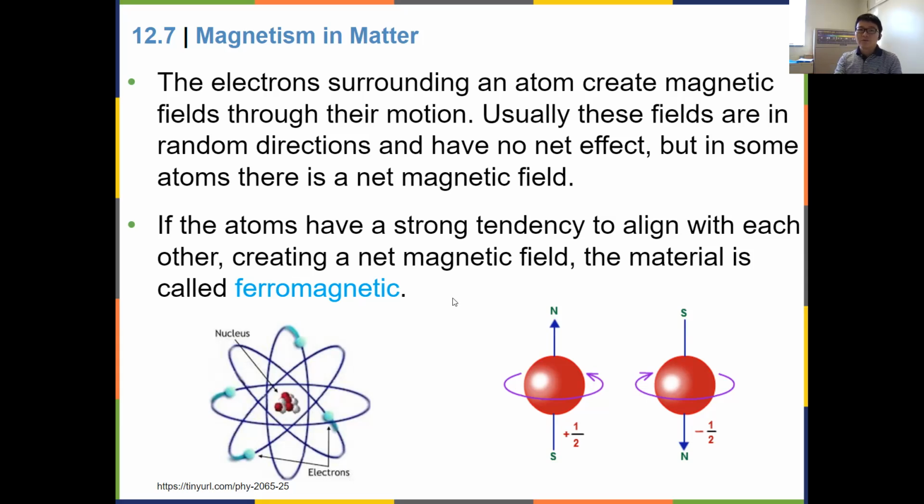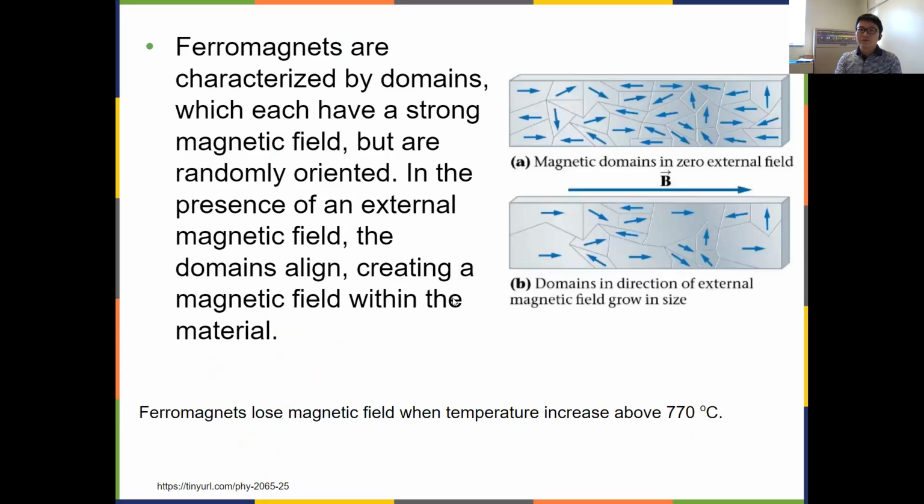Ferromagnetic materials are like iron, cobalt, nickel, and gadolinium. Inside them, they have certain domains that have magnetic field, and they more or less line up in one direction.